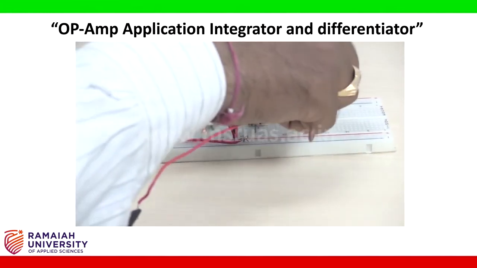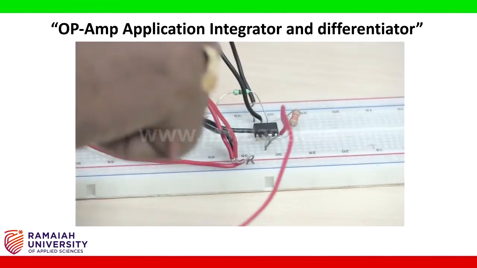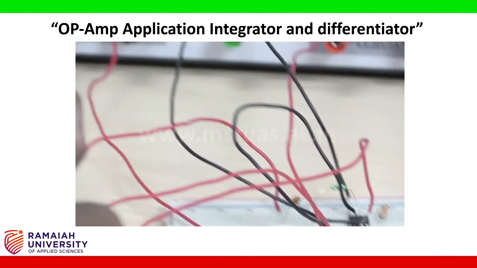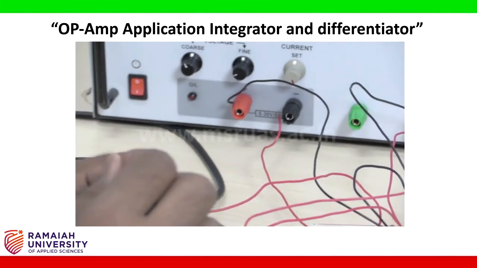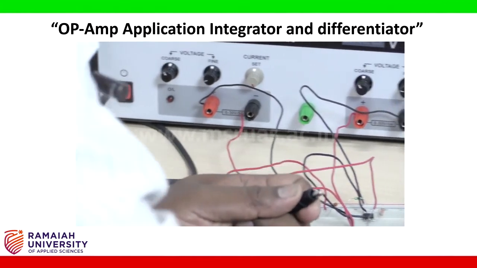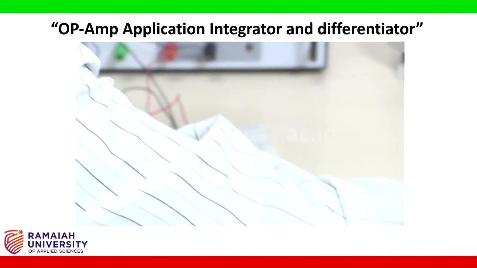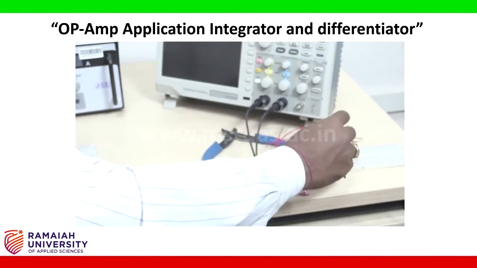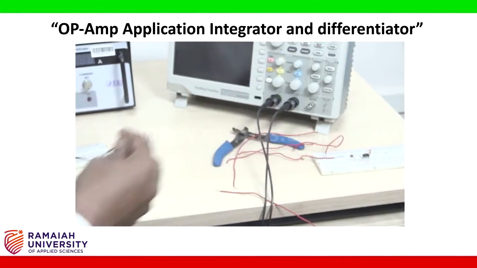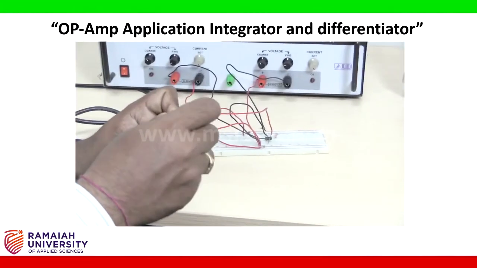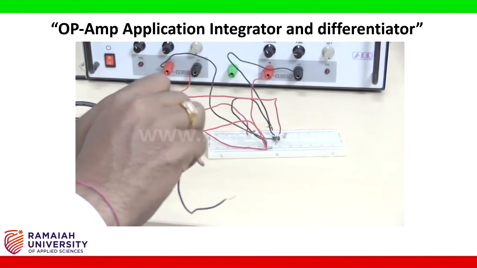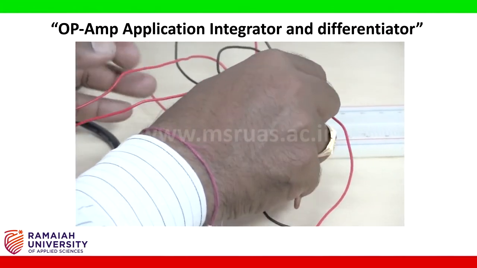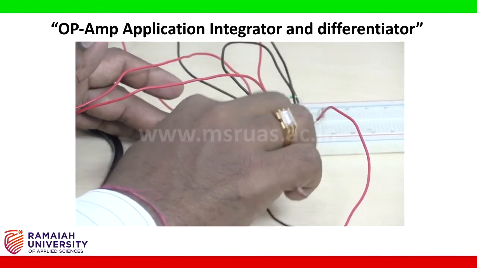I am going to connect this to pin number 6. The negative will be connected to ground by using a wire. This is the ground, connected to ground.